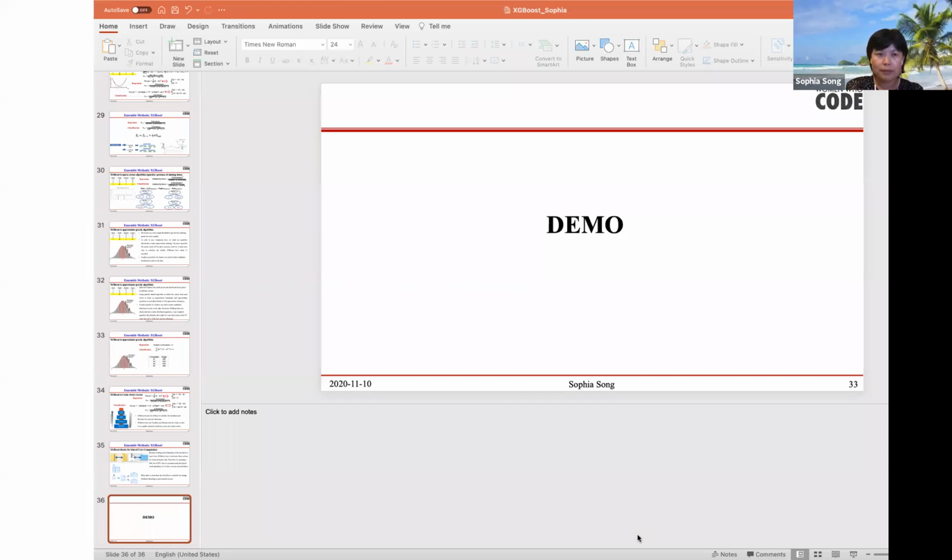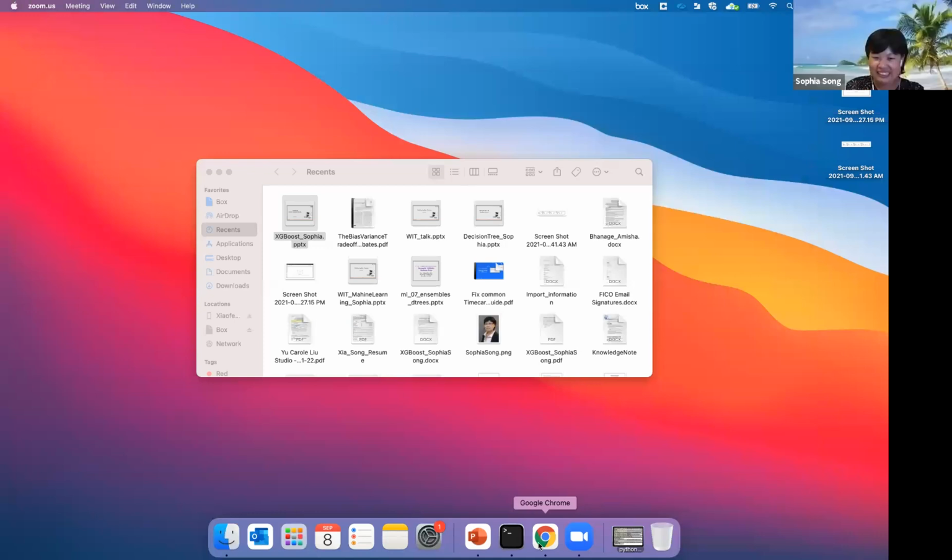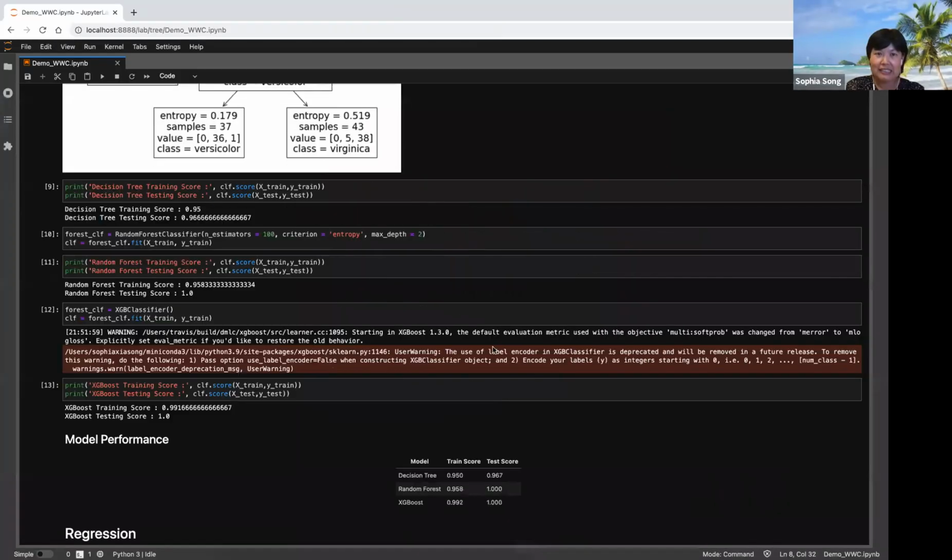No. It looked like you started to move the screen and then maybe Zoom got frozen. I've seen that happen before. Okay, let me stop sharing and reshare. Sorry about that. How about now?